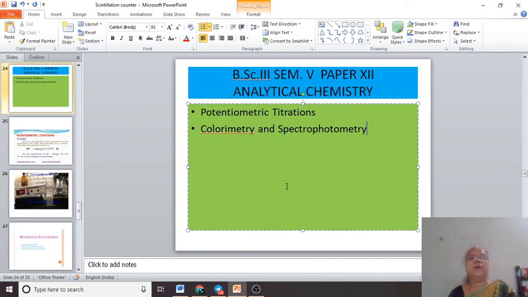All of you know that when a metal electrode is dipped into a solution containing its cations, for example a zinc electrode dipped into ZnSO4 solution and a copper electrode dipped into copper sulfate solution, and these two electrodes are connected through a battery and combined with a salt bridge, this forms a cell.